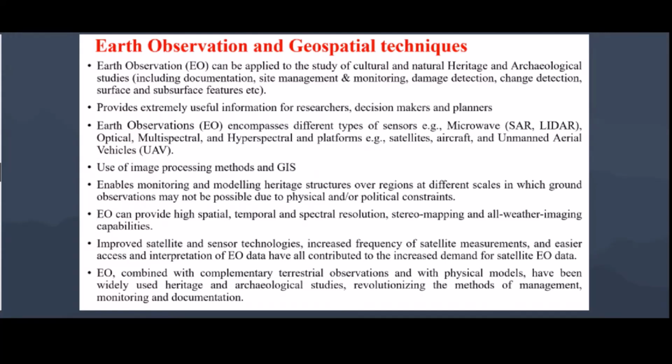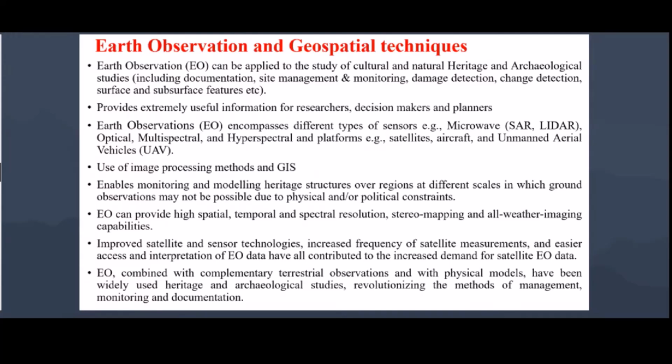With these, we could do either two-dimensional studies, or if we are using techniques like SAR or LIDAR or photogrammetry, then we could also generate three-dimensional views and club them with other ancillary data like the image, interpreted data, classified data, and so on, and come up with a comprehensive documentation of the entire heritage site.